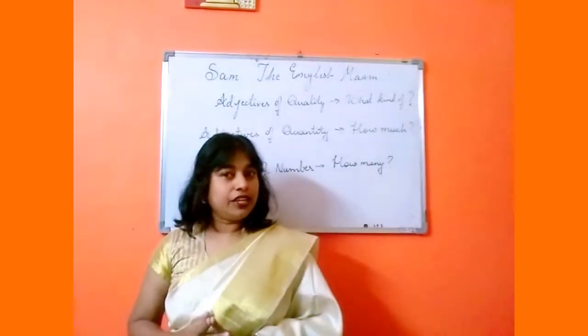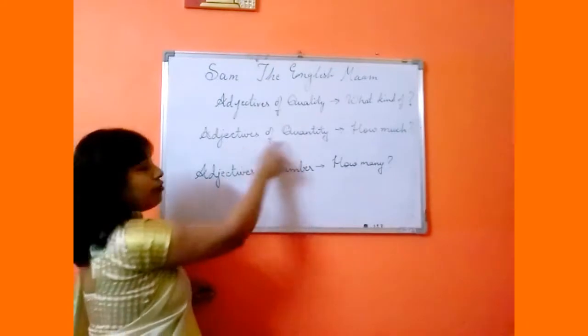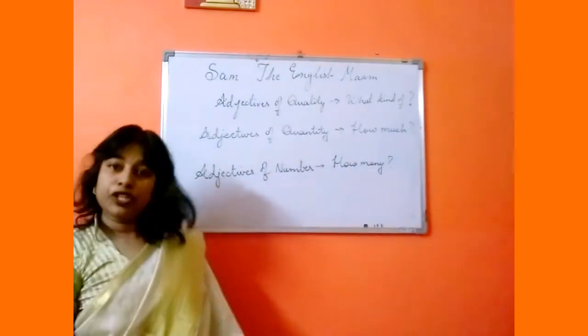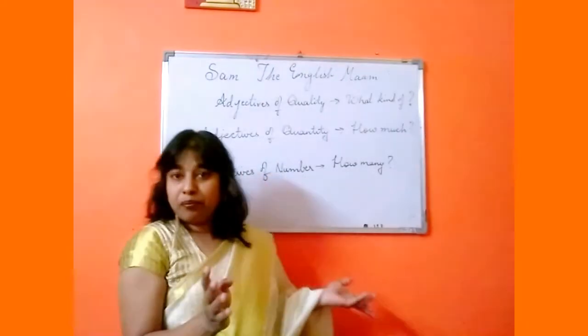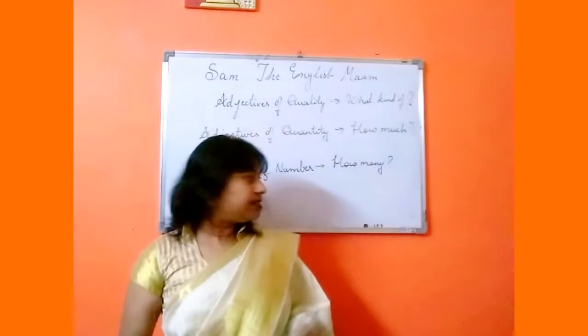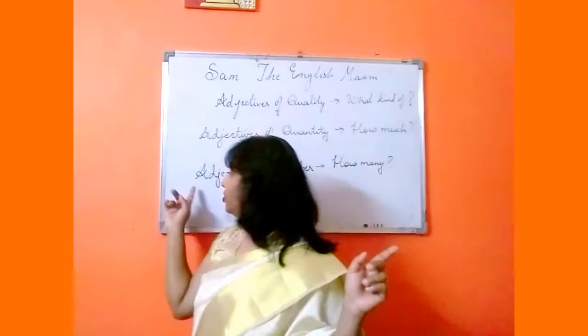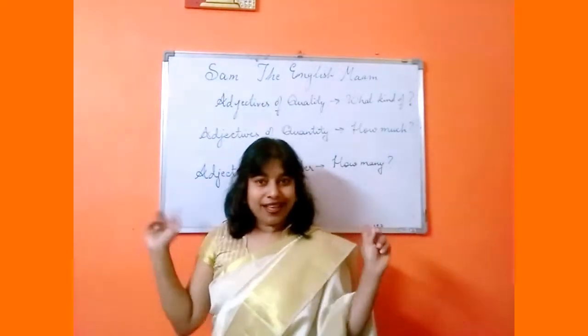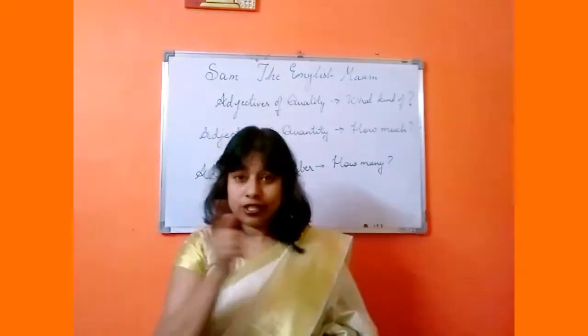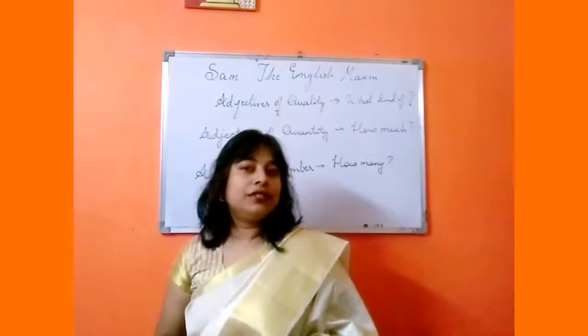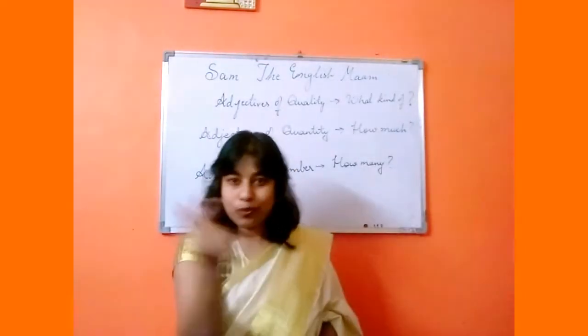And the answer that you get is your adjective of quantity. And if you wish to know whether it is an adjective of number, the question that you need to ask is how many? And the answer that you get is adjective of number. See how easy it is? I told you, didn't I, that I'm going to teach you grammar in an easy peasy way.